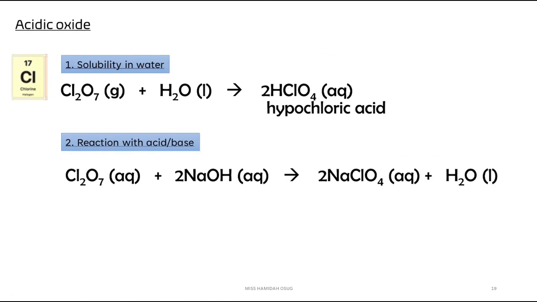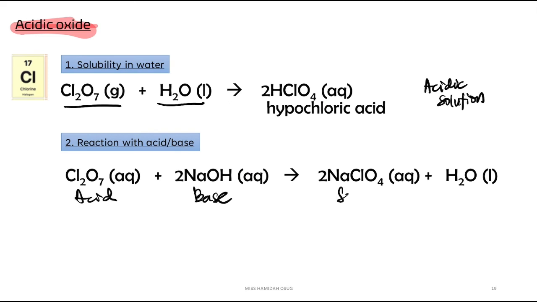Finally, for chlorine heptoxide, when it is dissolved in water, it also will give an acidic solution, which is hypochloric acid. And when it is reacted with a base solution, it also gives salt and water. So we can conclude that chlorine heptoxide is an acidic oxide.